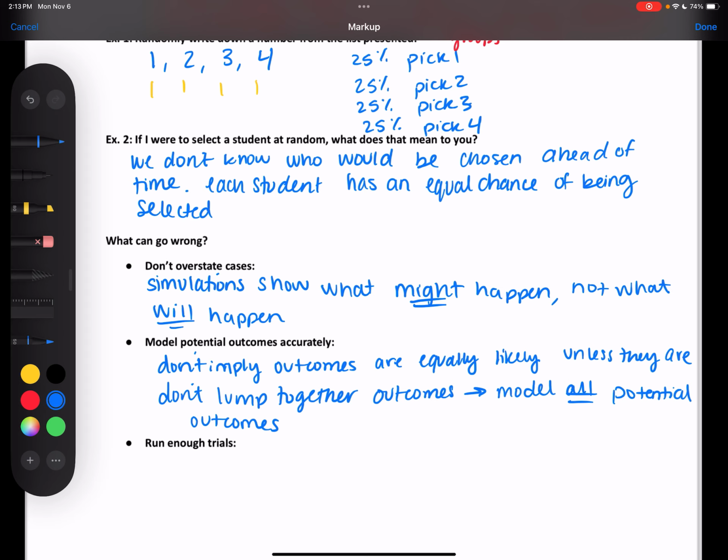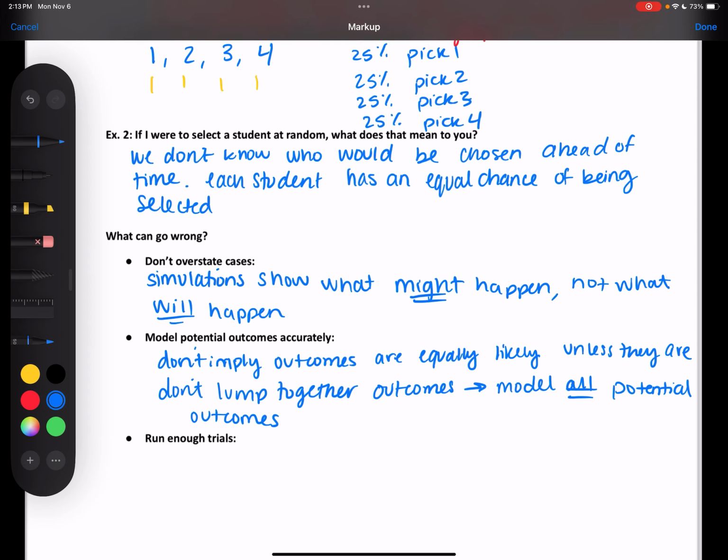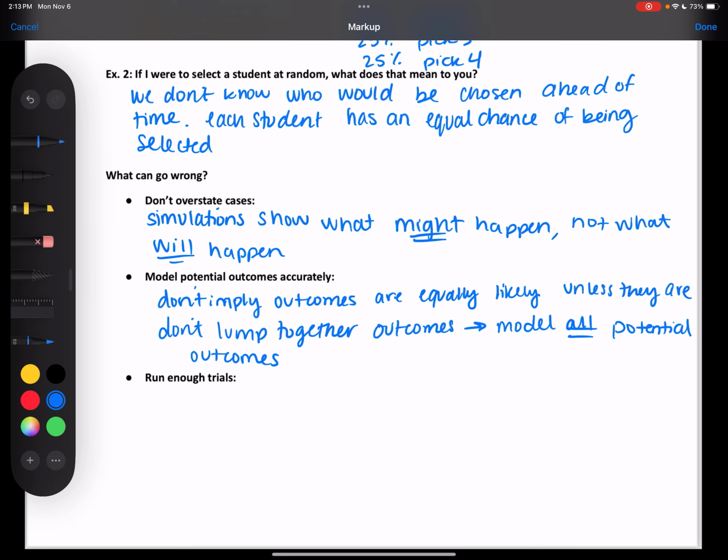So don't lump the Joshes together and just say, well, I pulled a Josh. You're each an individual person. You laugh at this, but you're going to remember it. Josh square doesn't actually go together. Correct. All right, and then run enough trials.